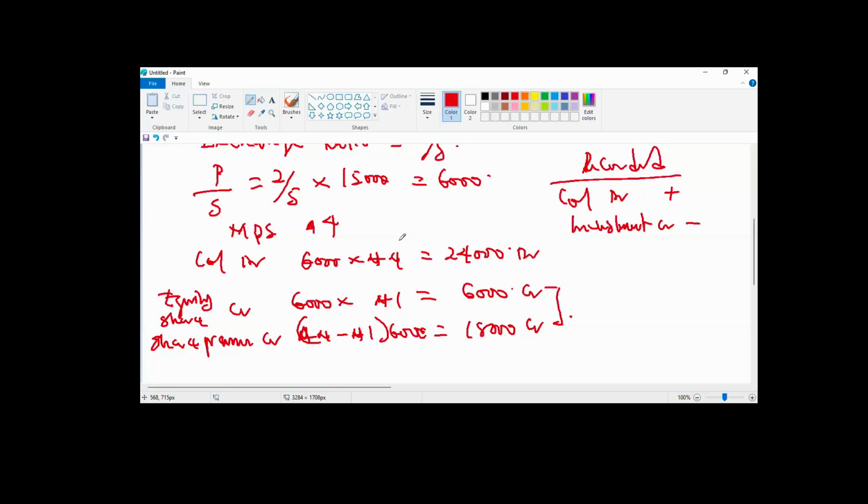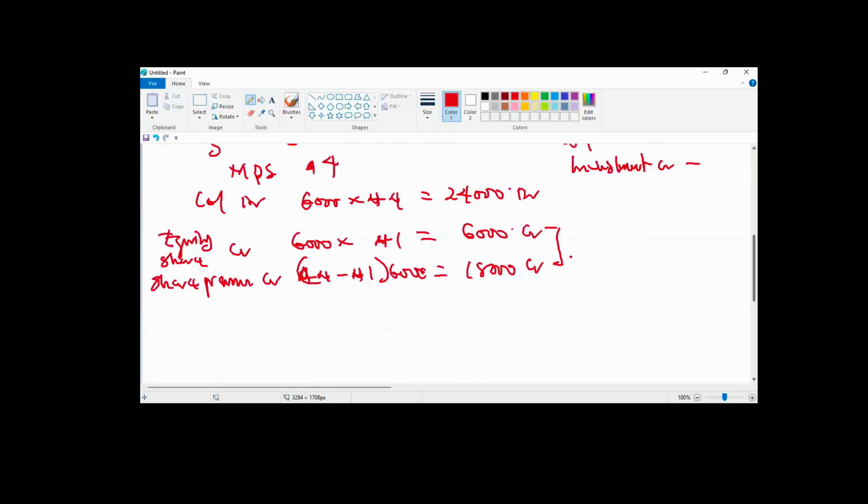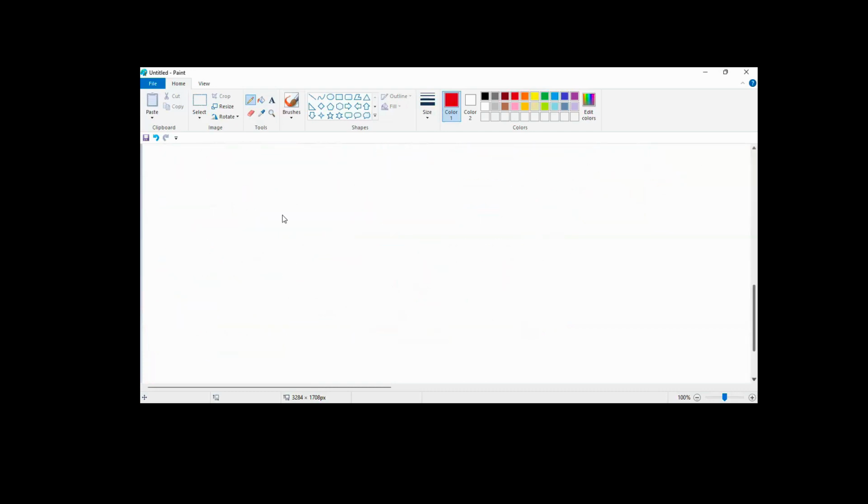What cost of investment is this? Deferred consideration. The formula: present value equals future value times (1 plus r) raised to the power minus n.